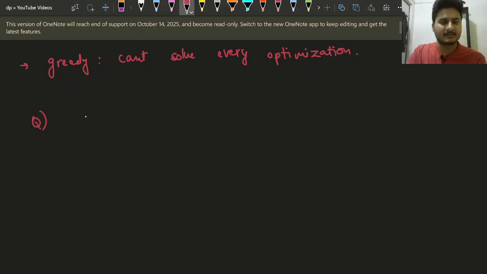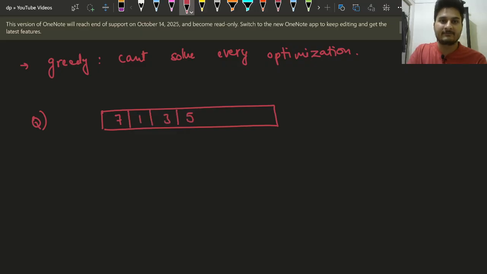Let's say you are given an array, and in this array we have 7 1 3 5 2 and 4, or yeah, let's maybe take 6 also, right? So you are given this array.